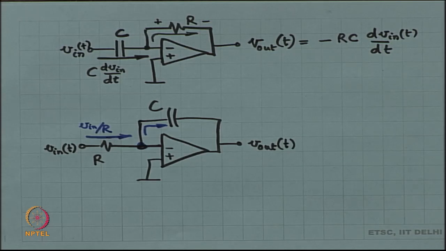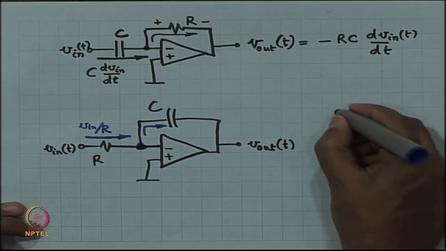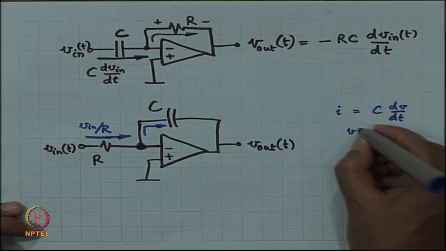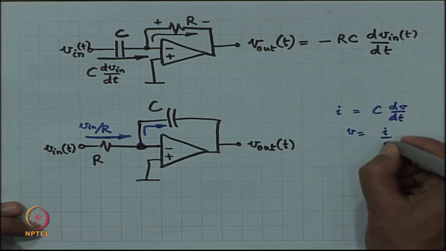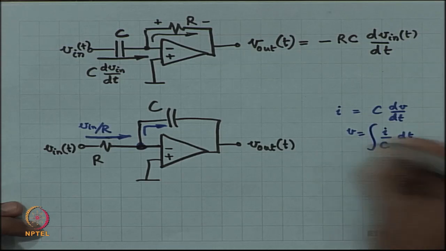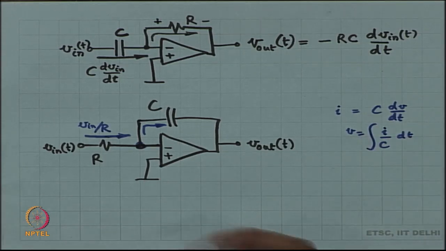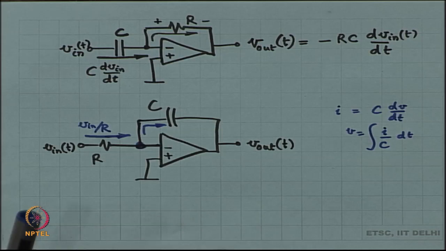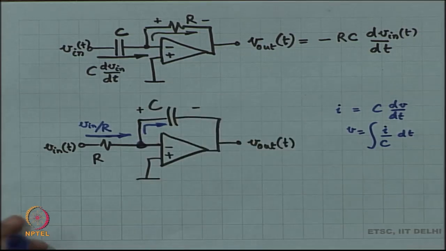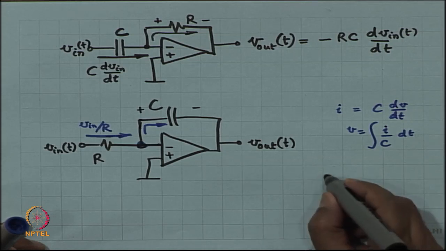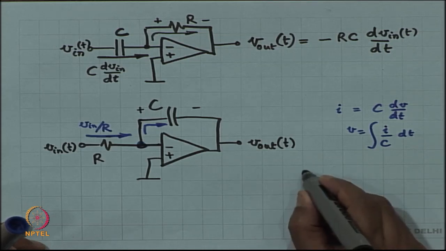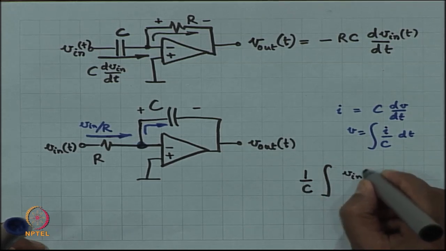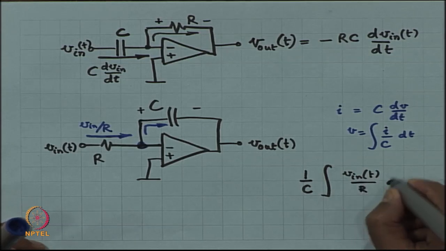So, the voltage is integral of, so I is C dV by dt for a capacitor. So, voltage is integral I by C, correct, for a capacitor. So, in this case I know the current is V in by R, therefore, the voltage drop across the capacitor is 1 by C times integral V in of t by R dt.